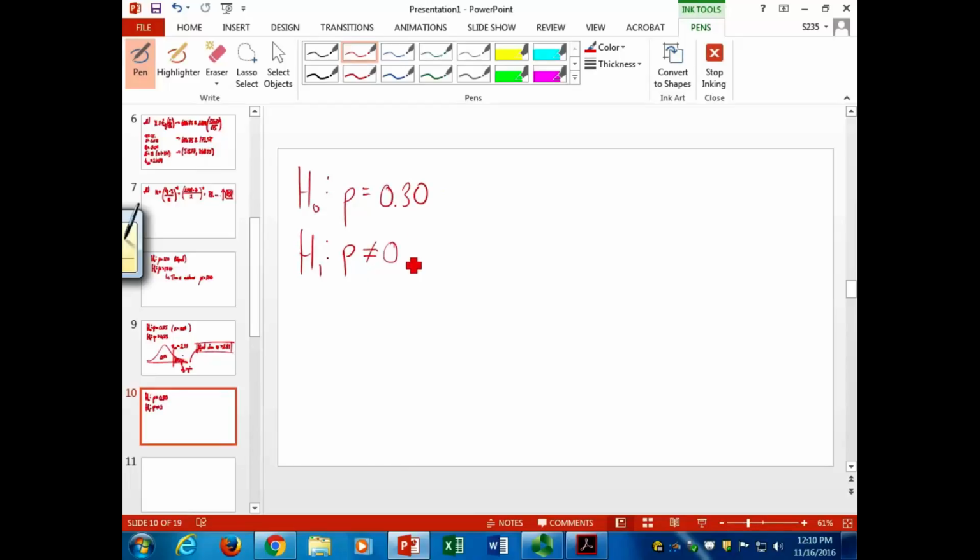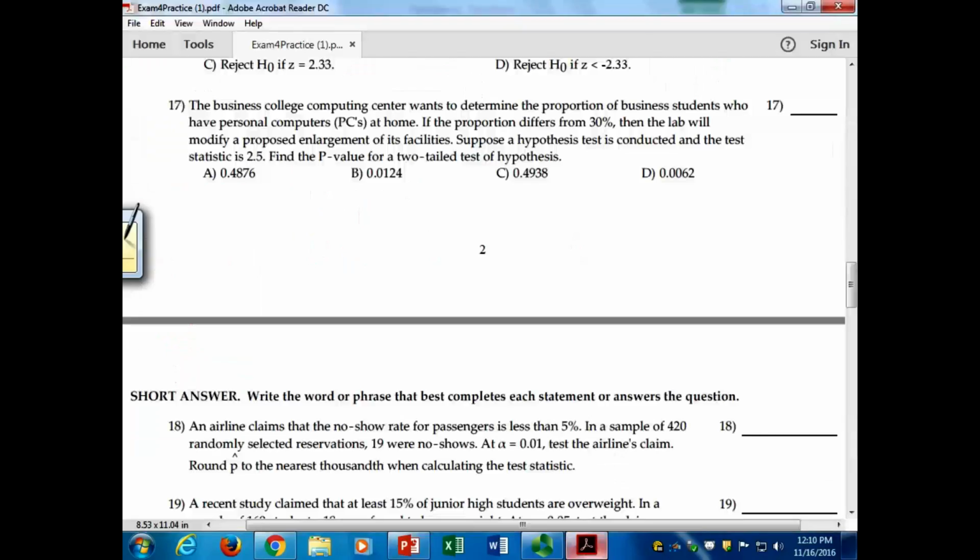Yeah, this is going to be a not equal to alternative. So a two-tailed test. All right. So it's a two-tailed test. Suppose a hypothesis test is conducted and the test statistic is 2.5. All right. So then find the p-value.